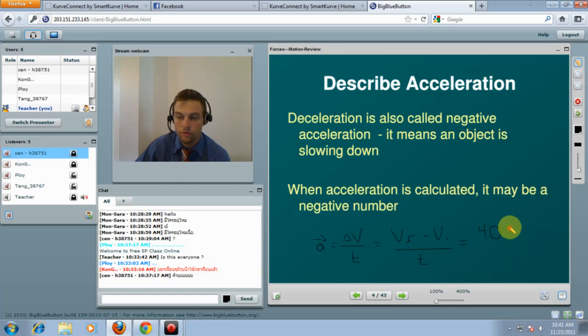So we have 0 as its final velocity, because it's stopping, minus 40, and this takes 5 seconds.